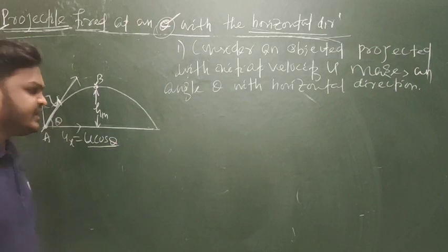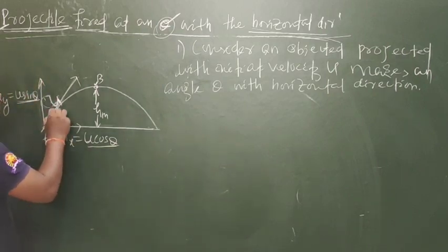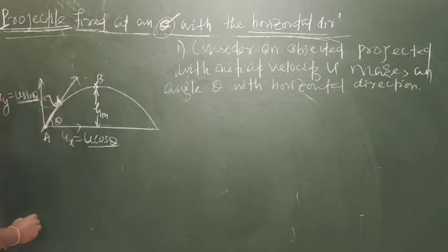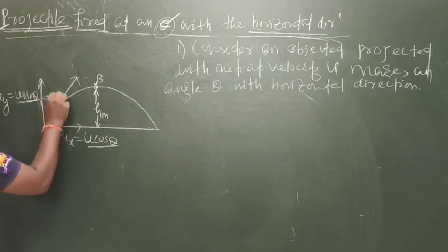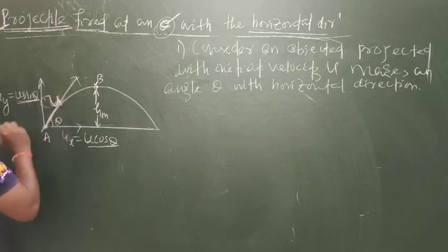That's for the heading. And the velocity with which we projected this projectile has two components. This velocity u is divided into two components.